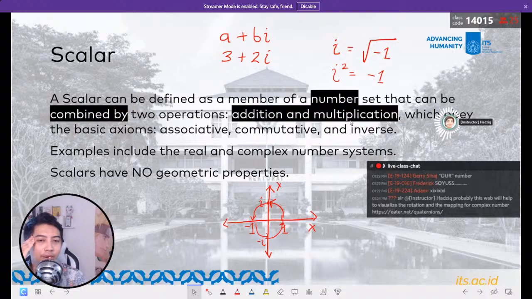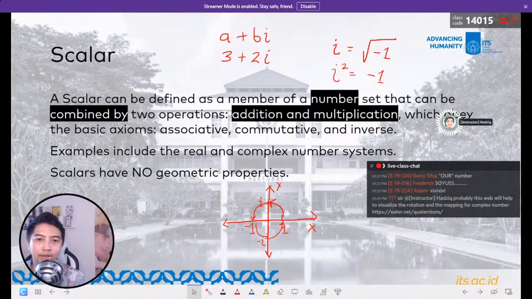And if we talk about multiplication, indirectly we can also operate division, because division is basically multiplication with one over that scalar. It's not inverse, I'm sorry. It's one over the scalar.